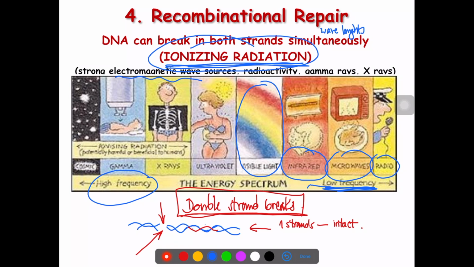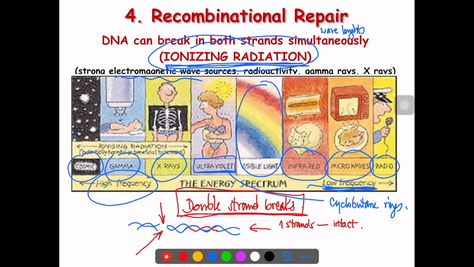So on the high frequency end, we have ultraviolet waves, and those we already know what they can do. Those can trigger the formation of those cyclobutane rings. And then we have X-rays, we have gamma rays, and then we have cosmic rays.